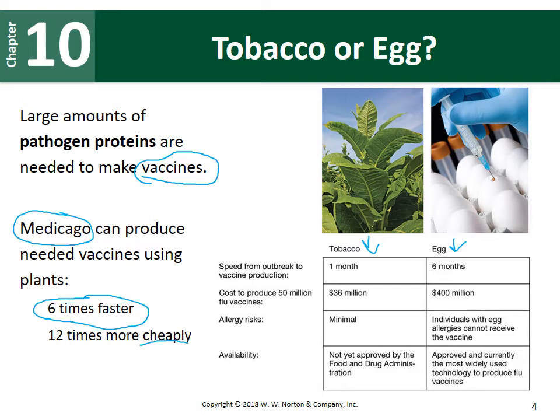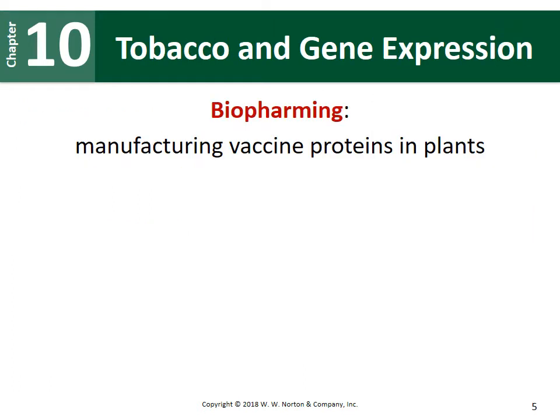So this idea of using organisms to create a product is referred to as biofarming, specifically manufacturing these vaccine proteins in plants.